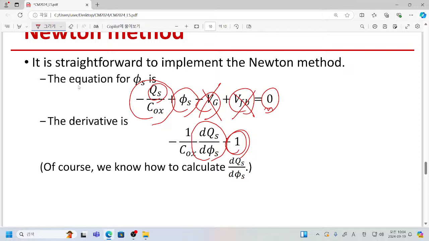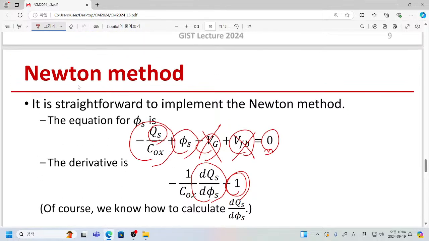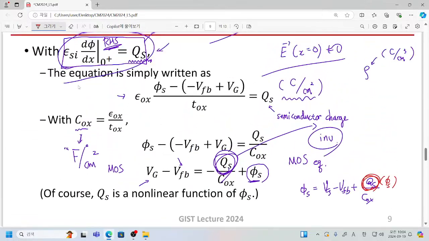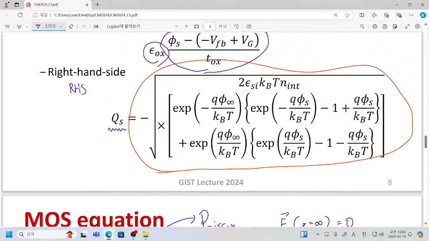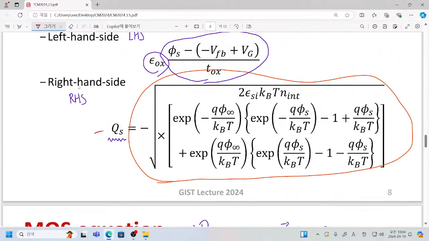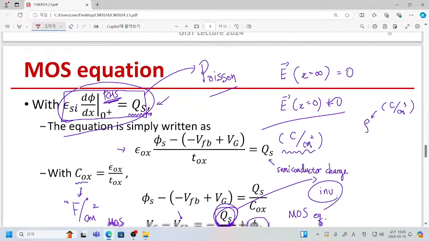Then how can we calculate this number? Fortunately, now we have the full expression for Q sub s when phi sub s is positive. By taking the derivative with respect to phi sub s, although lengthy, you can calculate it without any problem.